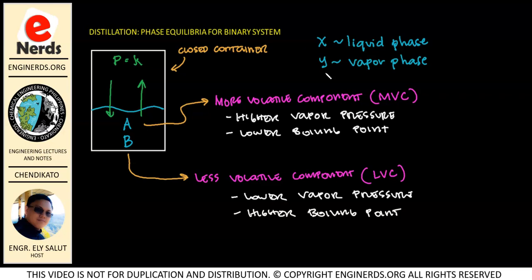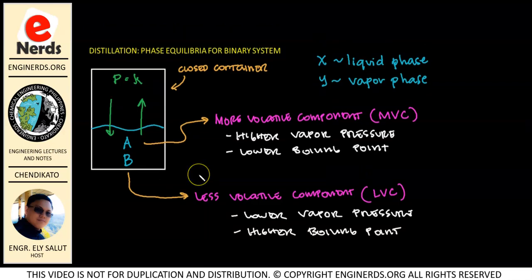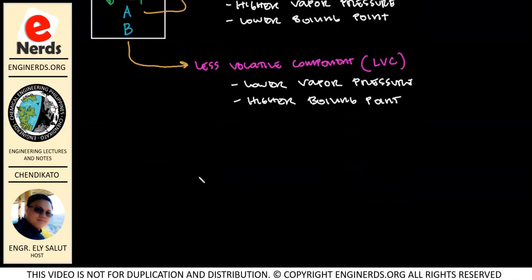Now, applying the Gibbs phase rule, we will be able to identify the degrees of freedom in our binary system. We have a separate video about the Gibbs phase rule if you want to review that. Okay, so we're going to apply that here.